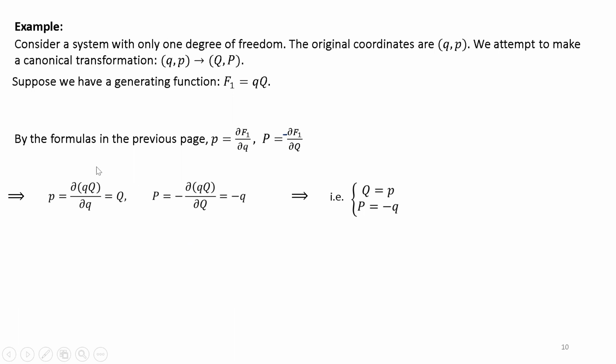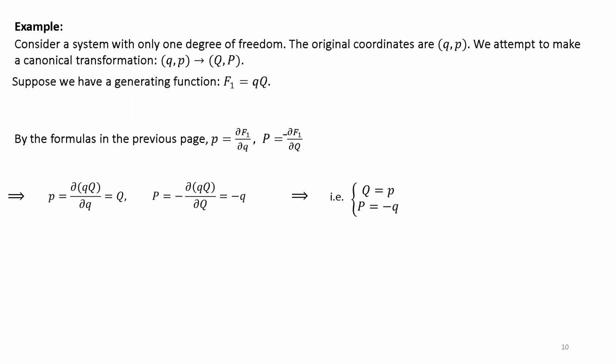So that is small p equals partial of q times Q, partial q. Then this is just capital Q. And similarly, this capital P is just the small q. So the new q is equal to the old p, and the new p equals minus the old q.